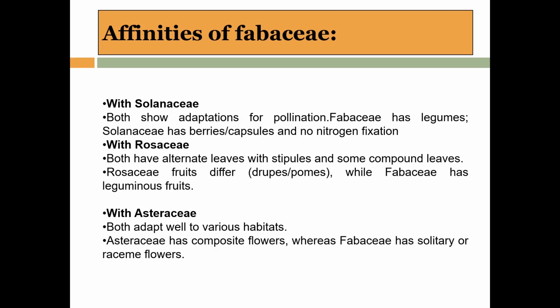So this particular family Fabaceae has three subfamilies, of which the most important one is the Papilionaceae, where all the pulses that we are consuming today belong. We can identify these three subfamilies, Papilionaceae, Caesalpiniaceae, Mimosaceae, just on the basis of their androecium.